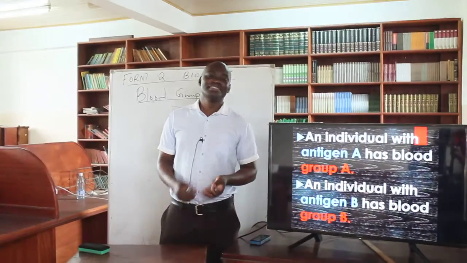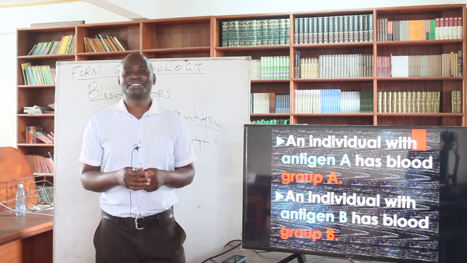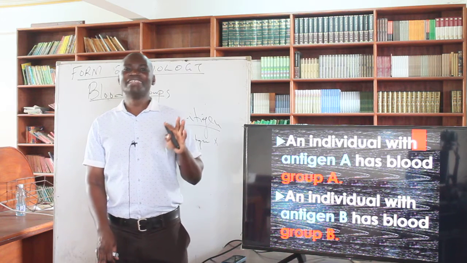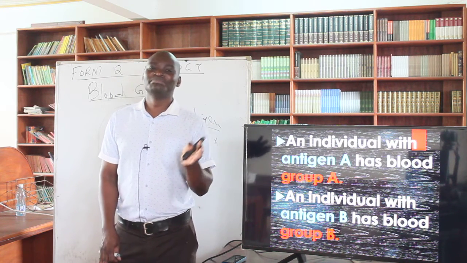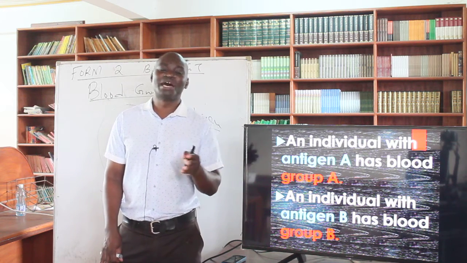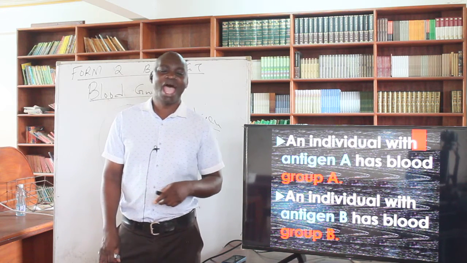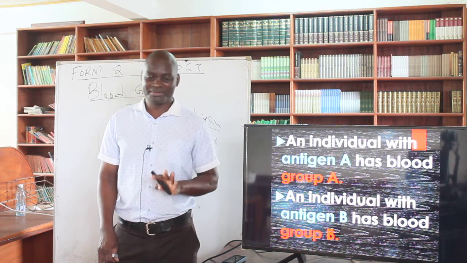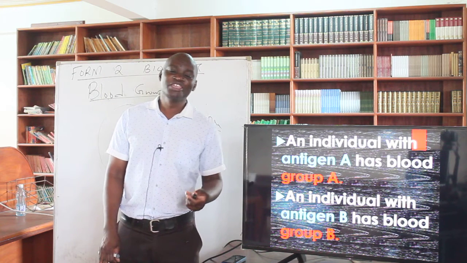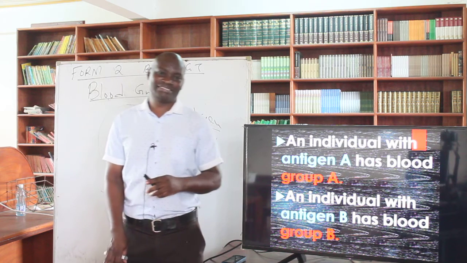Now, these proteins are of two types, and therefore if you have antigen A on the cell membrane of your red blood cell, then you have blood group A. An individual with antigen B has blood group B. So if you are B, then it means you have antigen B on the plasma membrane of the red blood cells.